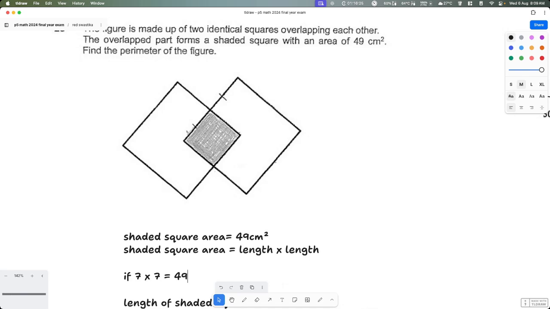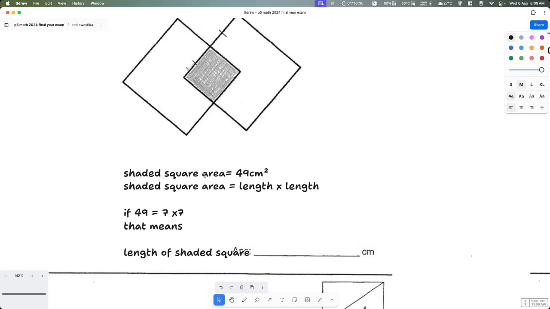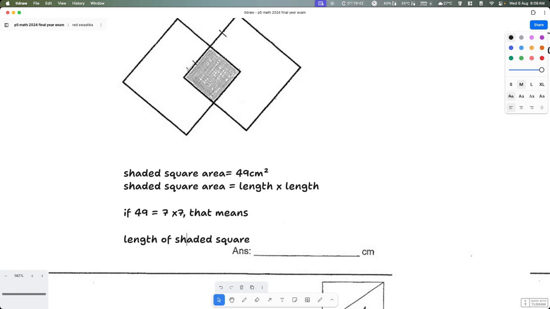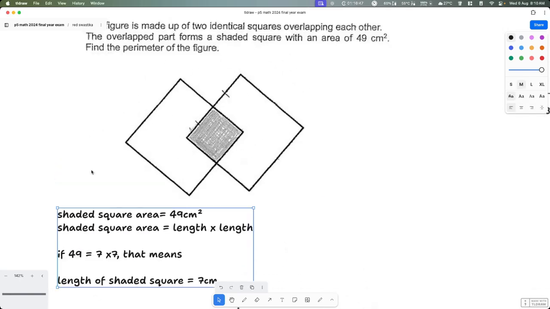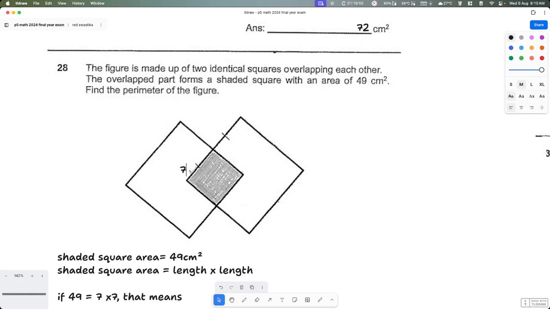So the length of the shaded square is equal to 7 centimeters. Okay, so we got that down. So we know that this is 7 centimeters, and then we have also 7. I'll just put 7 like this.